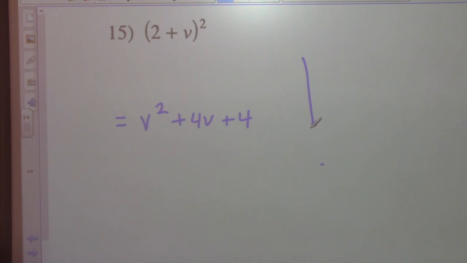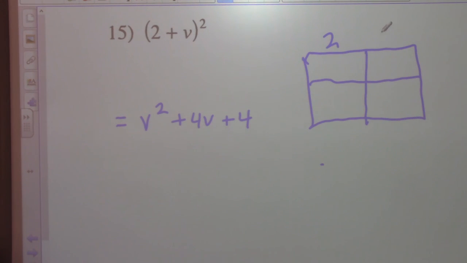So if you go like this, I don't know exactly how Rowdy did it. I didn't look at his paper. But if you go like this, you get 2 plus v and 2 plus v. So you get 4, 2v, 2v, and you got v squared here. Just the box split. So the order's changed, right?